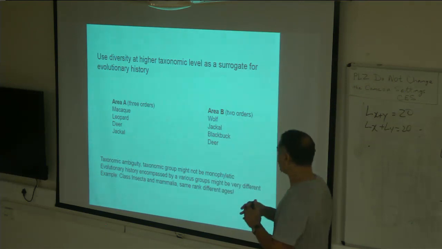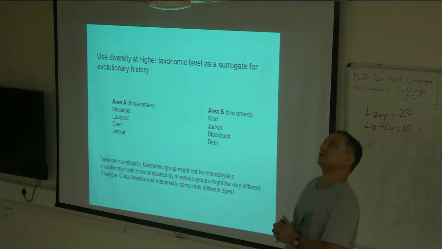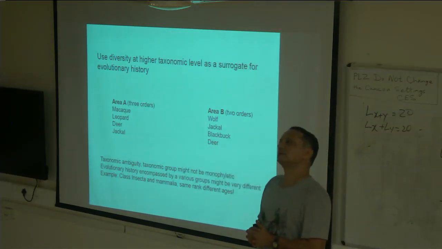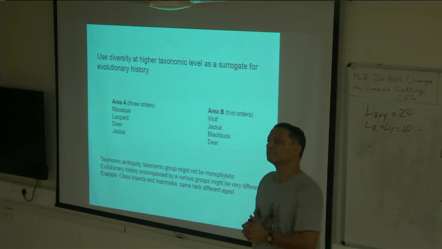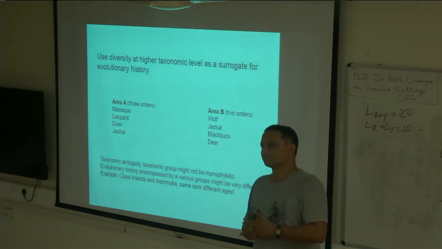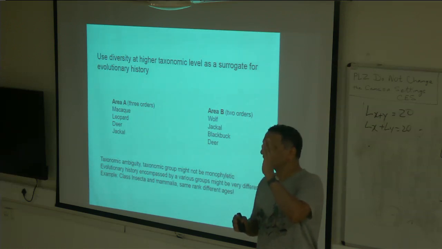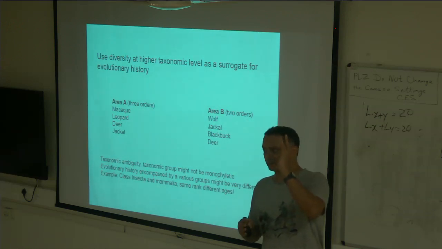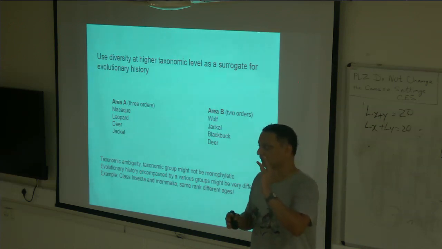The mammalian radiation, so mammals probably evolved in the Cretaceous. So mammals are, I don't know, maybe 140 million years, the earliest mammal, or maybe a little later than that. But insects are, I don't know, maybe the Devonian or something, right? So it's probably more like 300 or 400 million years, right?